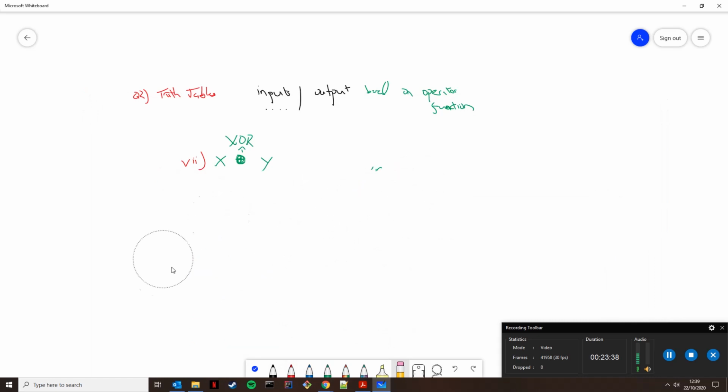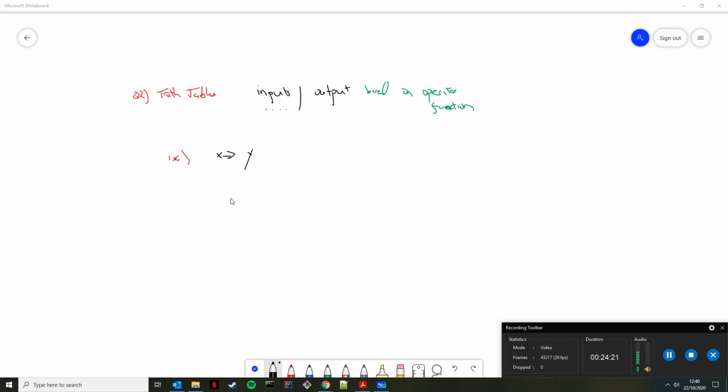Now, our next question is implies. Question 9. So X implies Y. This basically means if X is true, Y is true. Or let me rephrase that. If X is true, Y must also be true to get a positive output.